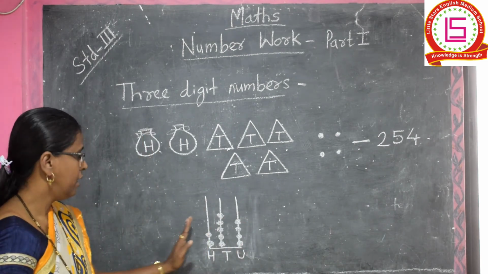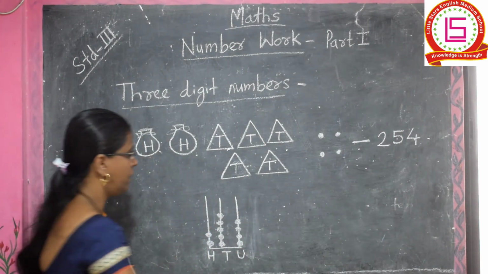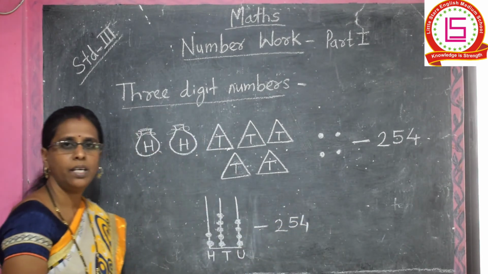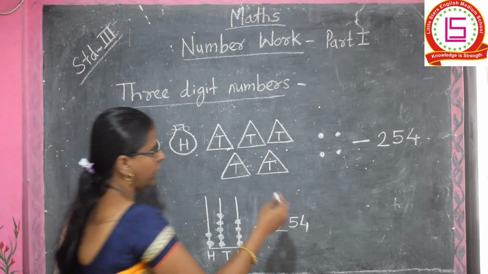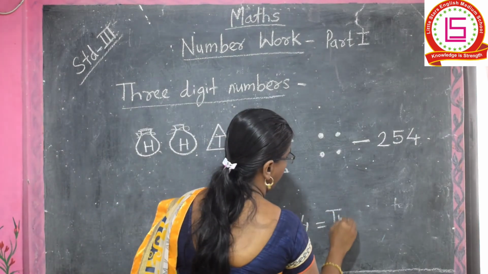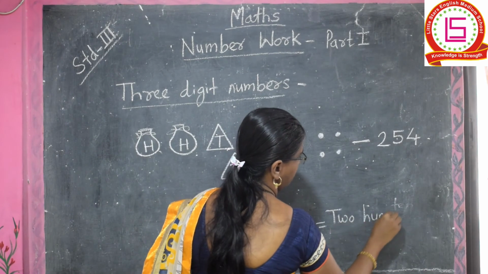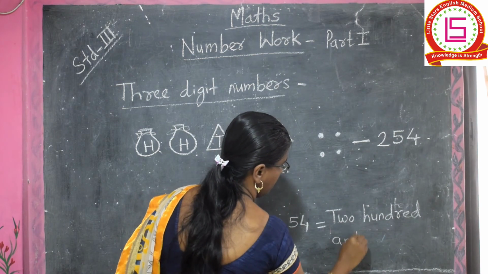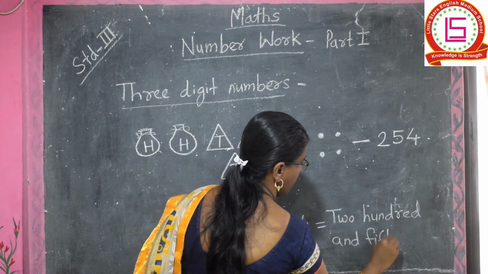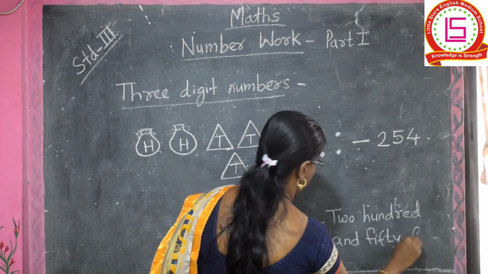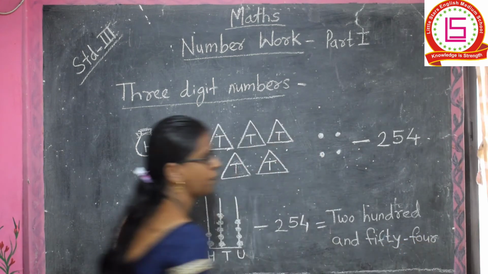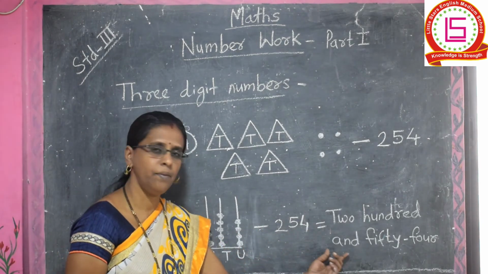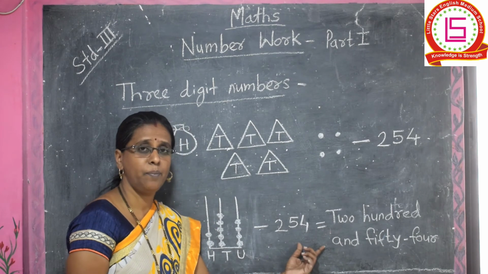This figure shows the number 254. And in words you write it like this: 200 and 54. 254 in words. Okay, understood this example?